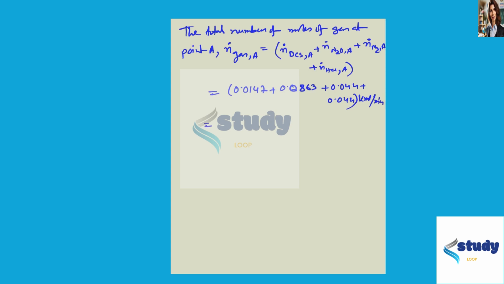The total number of moles of gas at point A is 0.189 kilomole per minute.